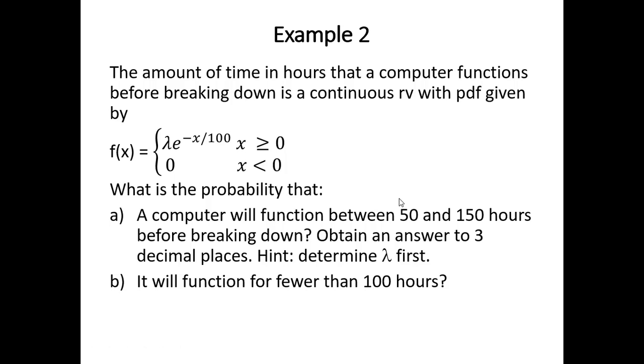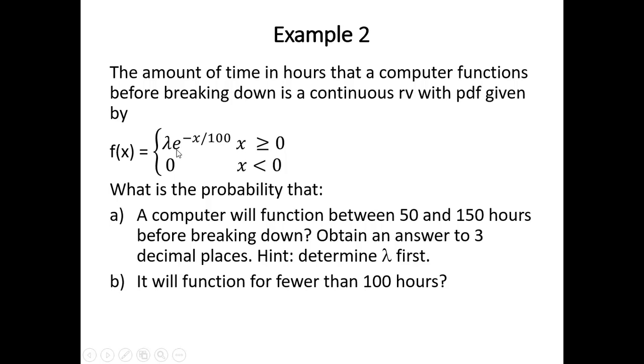All right, so here's example 2. Let's say that the amount of time in hours that a computer functions before breaking down is a continuous random variable with PDF given by this here.